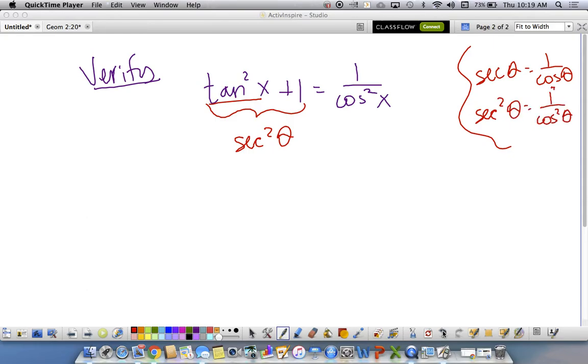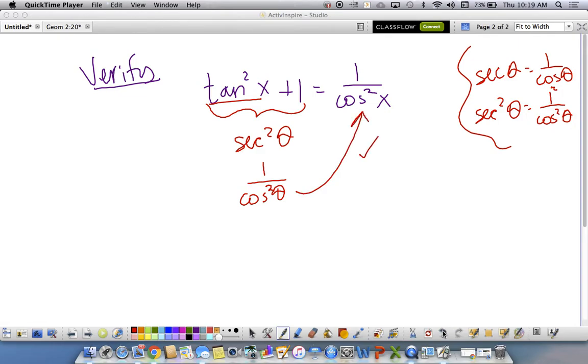Yes. I mean, could I even say 1 squared if I square everything? Yes, but it's still 1. So can we rewrite secant squared now in terms of cosine? Yes, so it's what? 1 over cosine, squared.